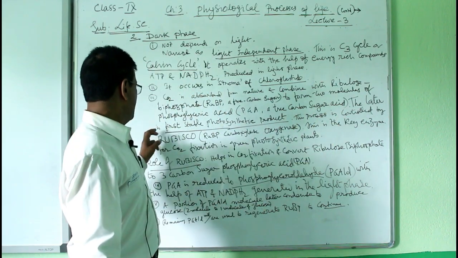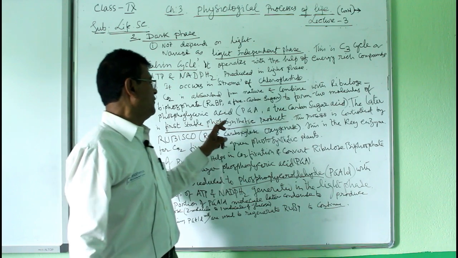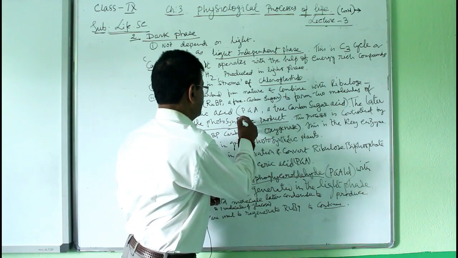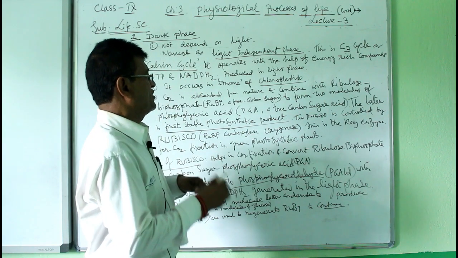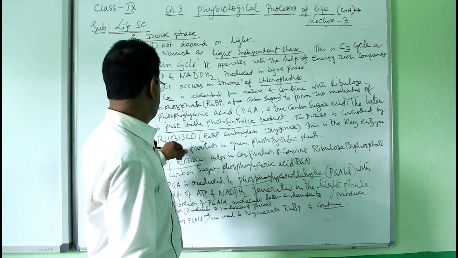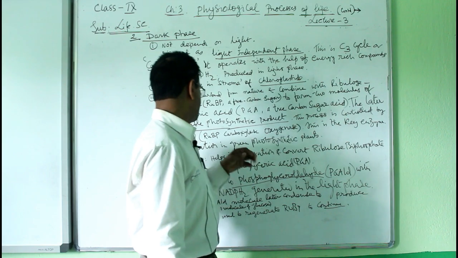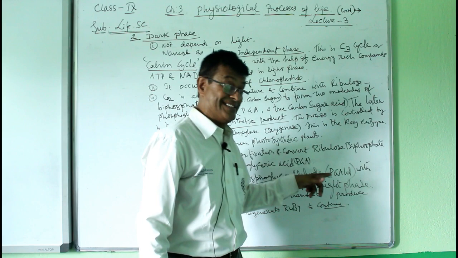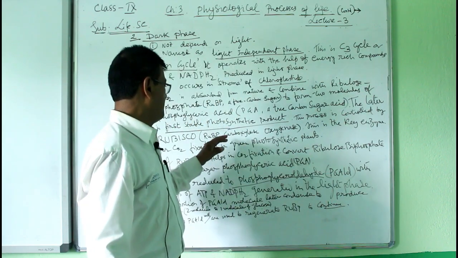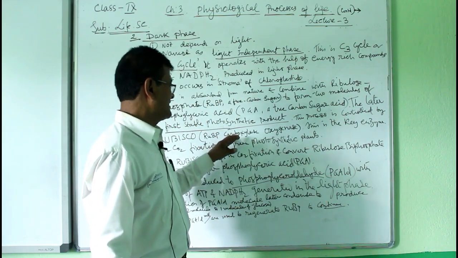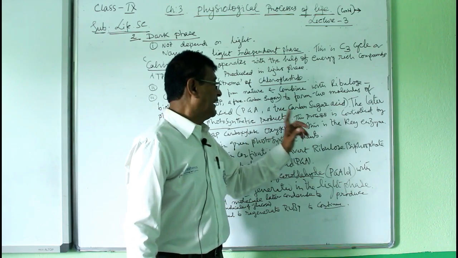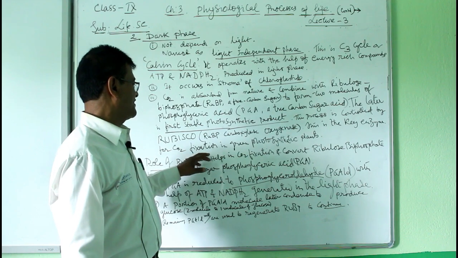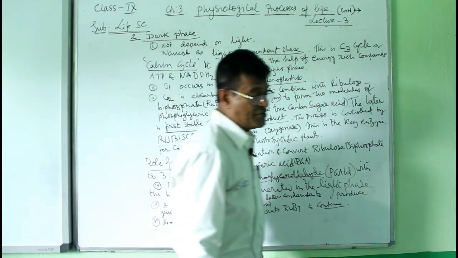The latter is the first stable photosynthetic product. This process is controlled by RUBISCO, that is RUBP carboxylase oxygenase, and this is the key enzyme for carbon dioxide fixation in green photosynthetic plants.